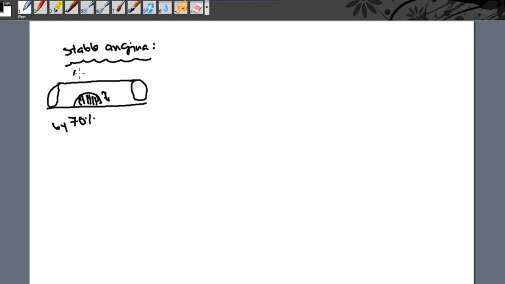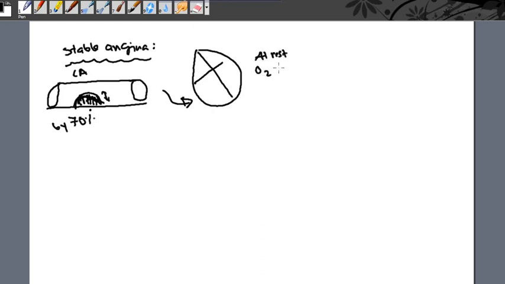This is the coronary artery. Coronary artery is the artery that supplies oxygen and nutrition to the heart. So this is the cardiac heart muscle. So this is the heart, and coronary artery supplies oxygen and nutrition to the heart, right? So when the lumen of a particular coronary artery is blocked by 70%, at rest, the oxygen supply is normal.